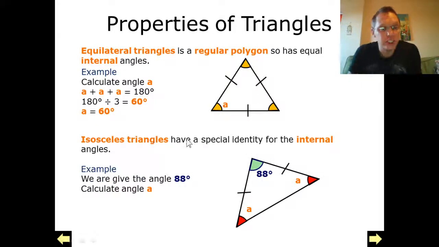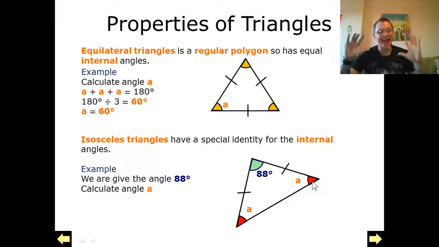We can also use properties to try and work out internal angles of an isosceles triangle. So here I've got an isosceles triangle. I've been given the angle of 88. Calculate the angle A. Now, of course, in isosceles triangles, the angles at the base of the triangle are equal, in which case I'm counting this as my base.